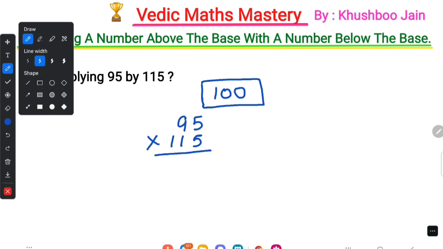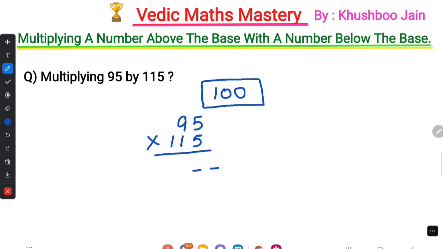In the right hand side part, we have to fill two digits, because in the base there are only two zeros. Now the second step is to find the differences.